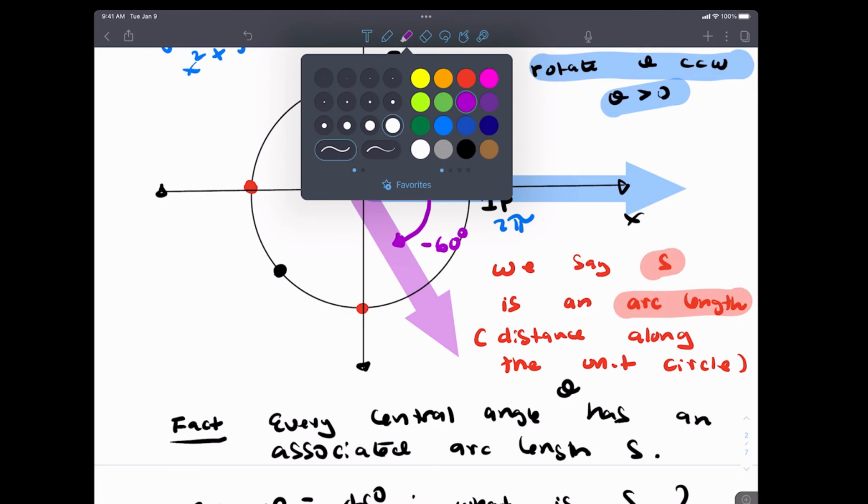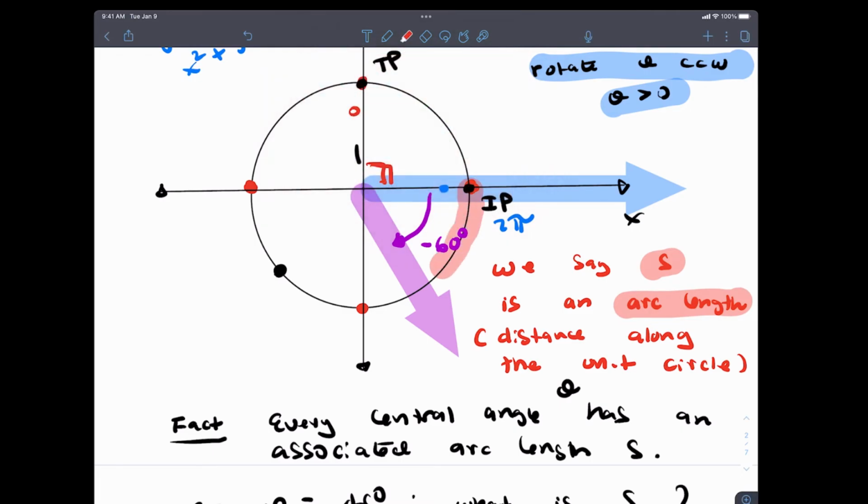So if you go negative 60 degrees, the arc length would also be negative, but it just means you went in the clockwise direction. So, you know, that's the idea. Positive central angle, counterclockwise. Clockwise is a negative value. We'll see more of that in the future.